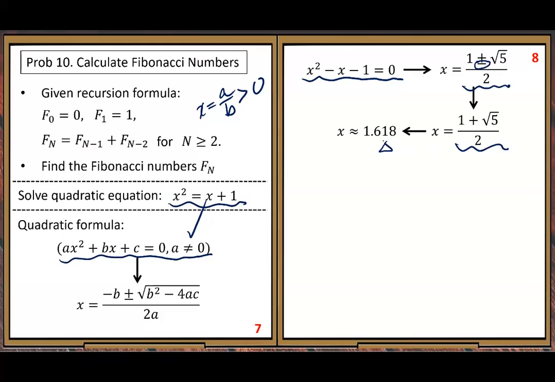So then people call this number golden ratio. Golden means it is very important. It is very interesting. It is very useful. Things like that. So the golden ratio.